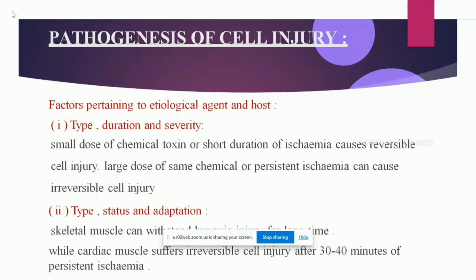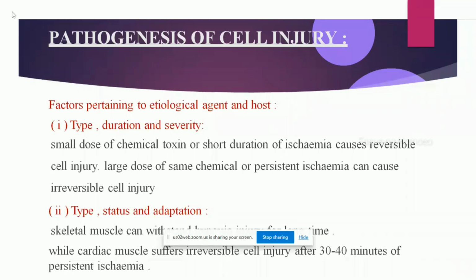Then, what is the pathogenesis of cell injury? Some factors pertain to the etiologic agent and host. First one is type, duration, and severity. A small dose of chemical toxin or short duration of ischemia causes reversible cell injury.